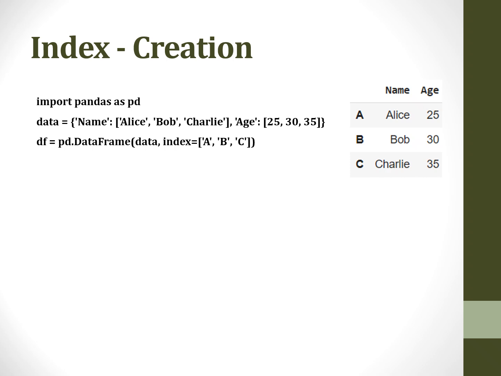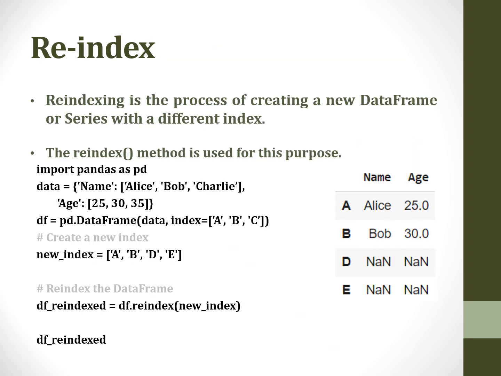So we can also re-index. Already there is an index present for the particular data frame. We can re-index with a different index. For doing so, we require the reindex command.